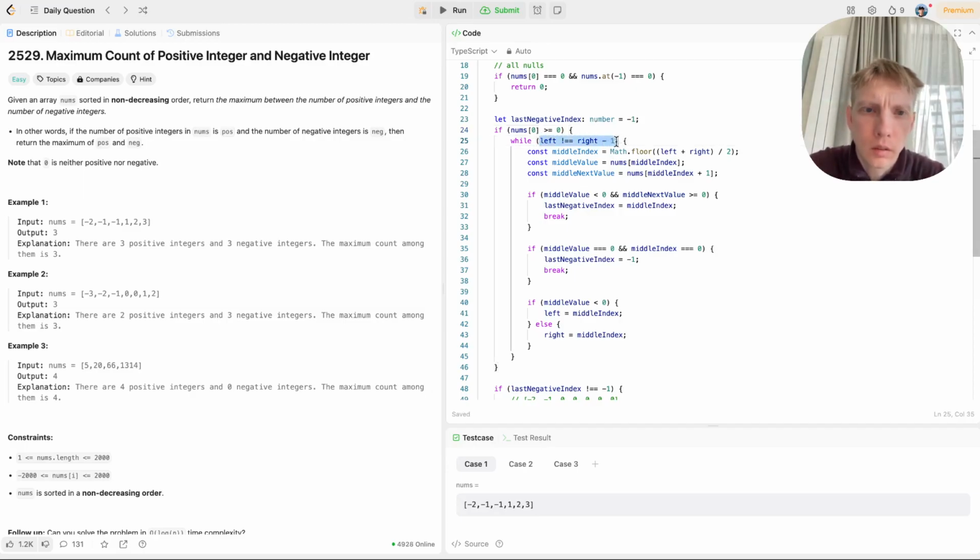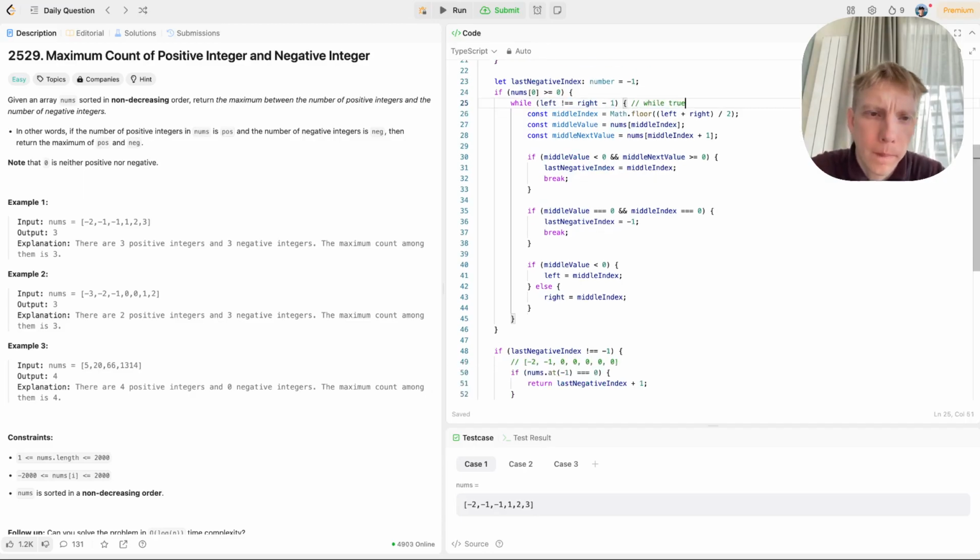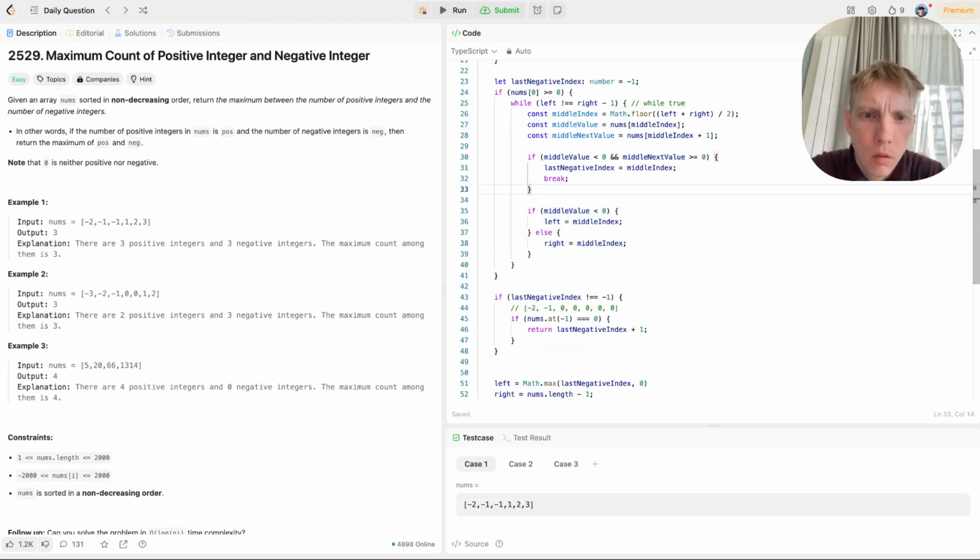If left, right -1. Maybe we can use just while true. I don't need this condition anymore.